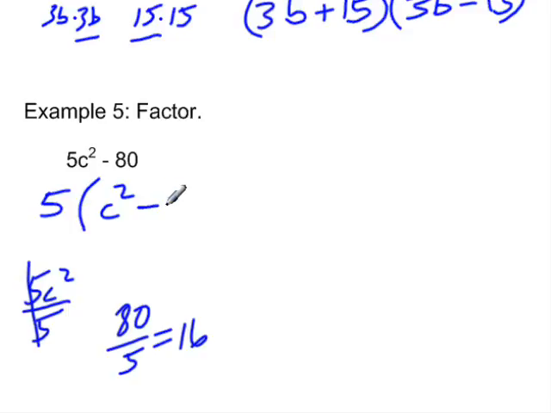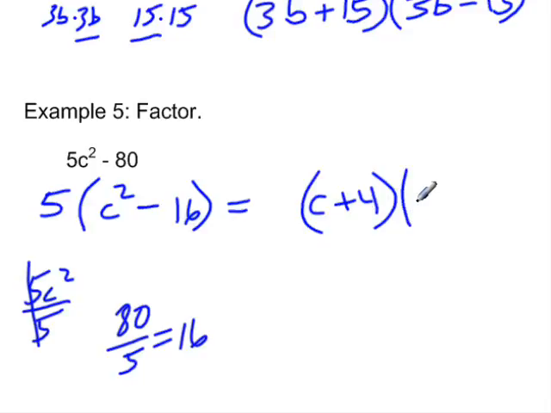So we got 16 now. Within the parentheses, I believe we have a difference of squares. Obviously, 16 is in our list of perfect squares, so we could simply bust this up and say c plus 4 times c minus 4.